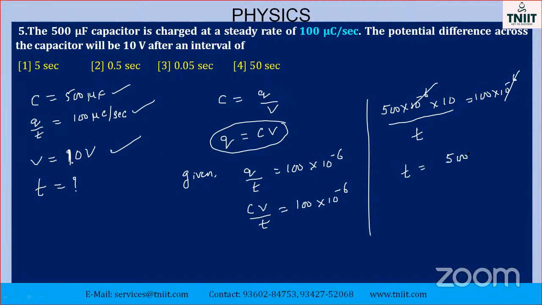See, T will be 500 into 10 divided by 100. This is nothing but 50, 100 ones are 100, fives are 500. So 10 into 5 will be 50 seconds. So what about the time? 50 seconds. So option 4 will be the right option.